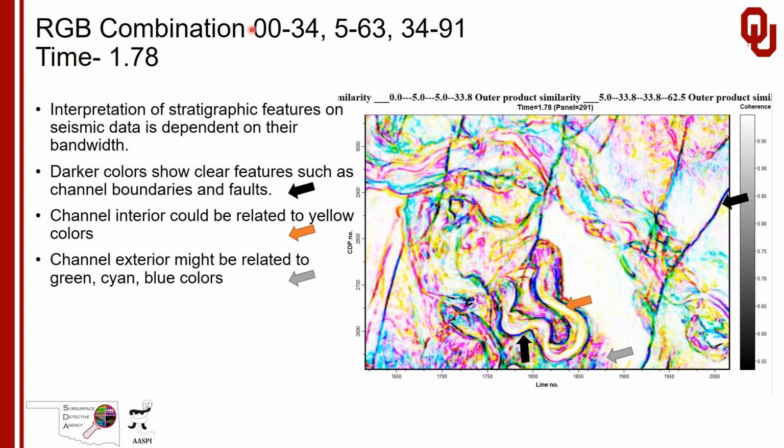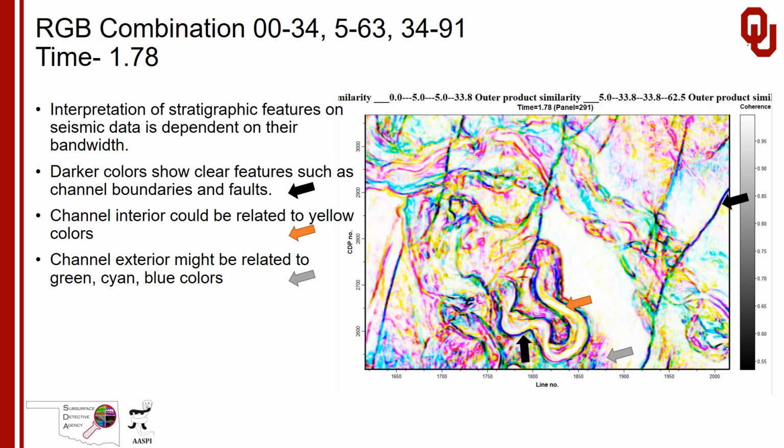For example, the yellow colors are mostly inside the channel, and outside the channel we can see some greens, blues, or some cyan colors. The darker ones are the very clear features, and the other colors can show us very subtle differences.